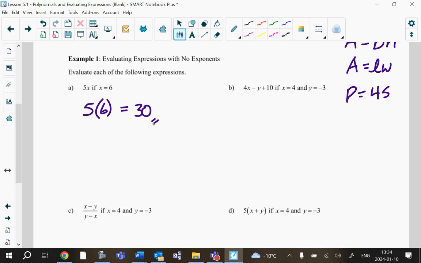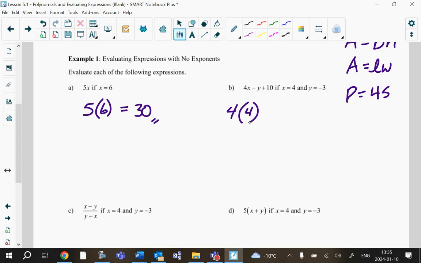Next one's a little bit more complicated, involves a couple of variables. By the way, what kind of polynomial is this? What do we call a 3-term one? Trinomial. Good. So this time, I've got to replace x with 4. And use parentheses, because if you don't use parentheses, you're writing the number 44, which is a big difference than 4 times 4.